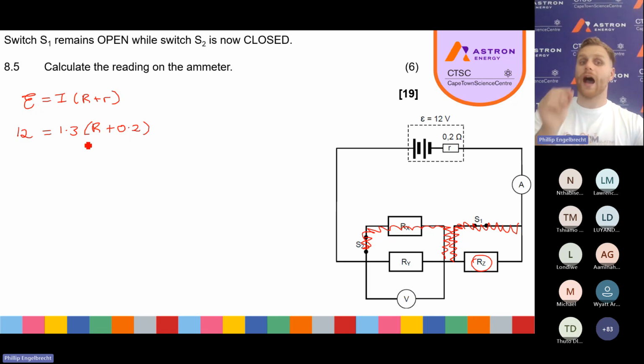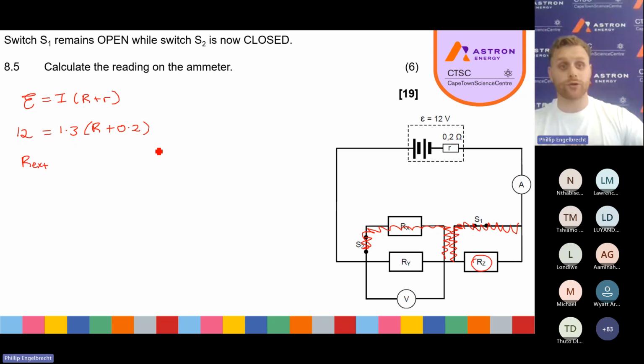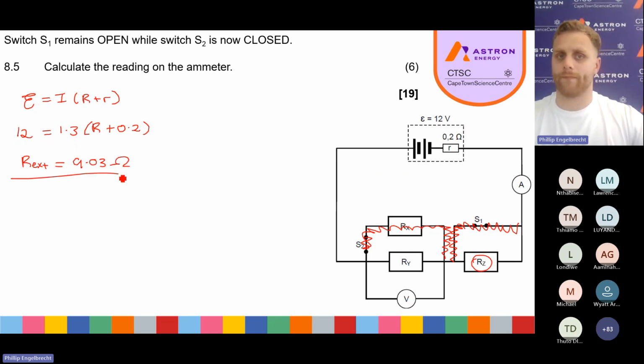Remember, I'm now trying to figure out what is the value of resistor Z. So what you do is you solve for this and you get that my total external resistance for the situation when both switches were open was equal to 9.03 ohms. Bam.